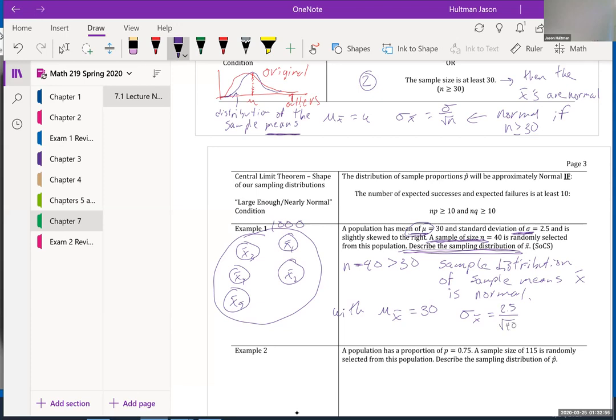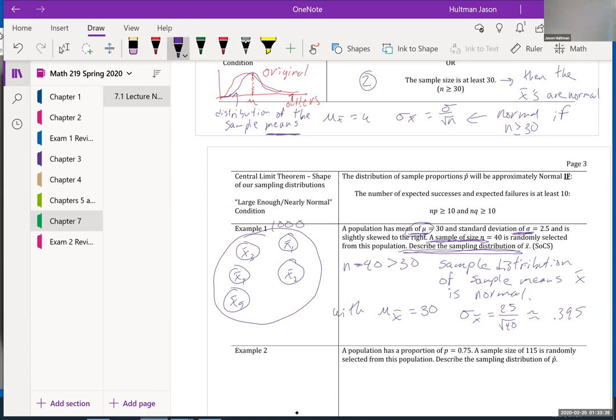And this comes out to be approximately 0.395. So whereas the original standard deviation was 2.5, the new standard deviation is much smaller. It's only 0.395, a much smaller standard deviation, but it creates a nearly normal graph.